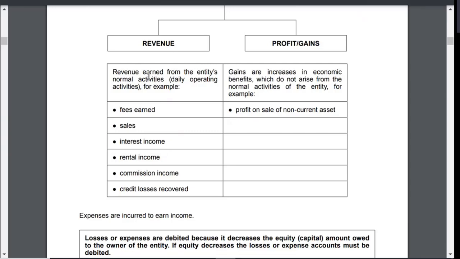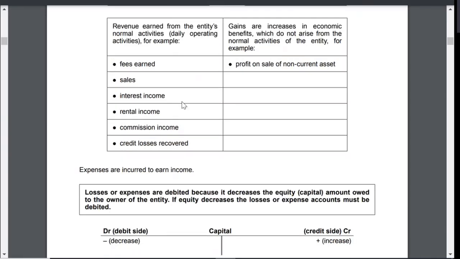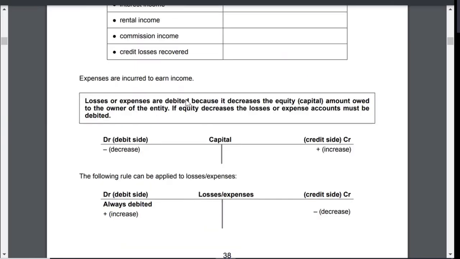Examples of revenue are fees, sales, income, rental. Expenses are incurred to earn income. Losses or expenses are debited because they decrease the equity amount owed to the owner of the entity.